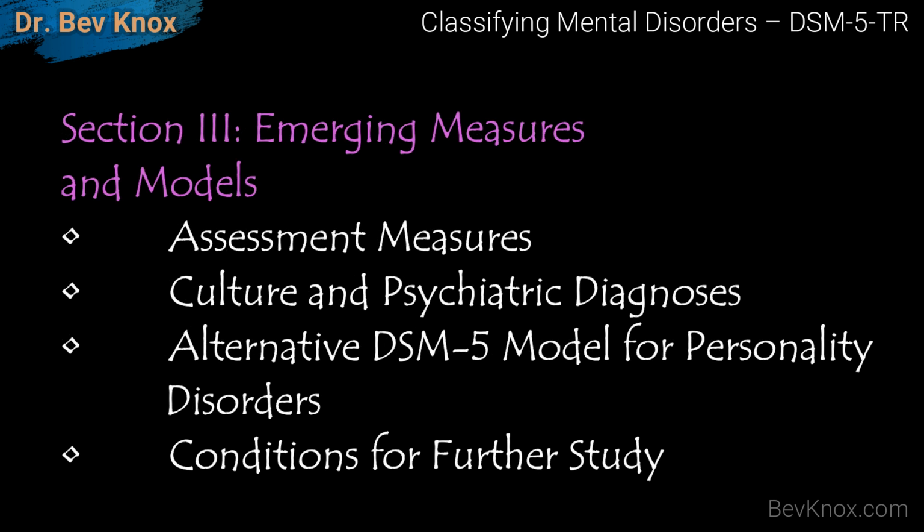In Section 3, it's all about emerging measures and models: assessment measures, culture and psychiatric diagnoses, alternative DSM-5 model for personality disorders, and conditions for further study.